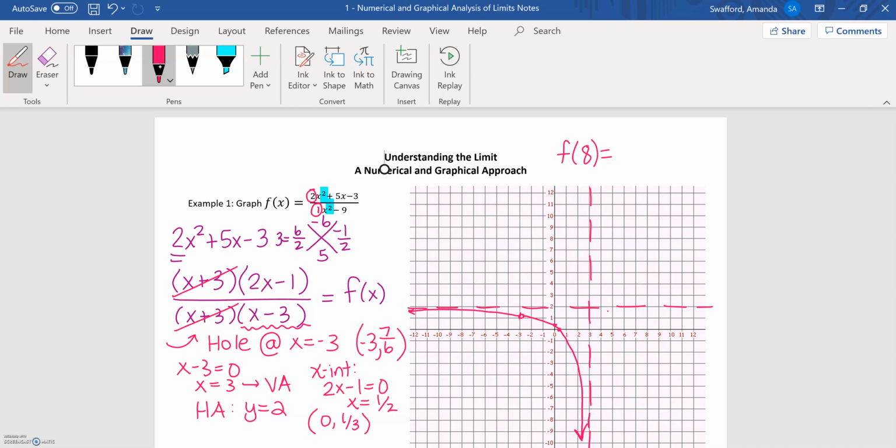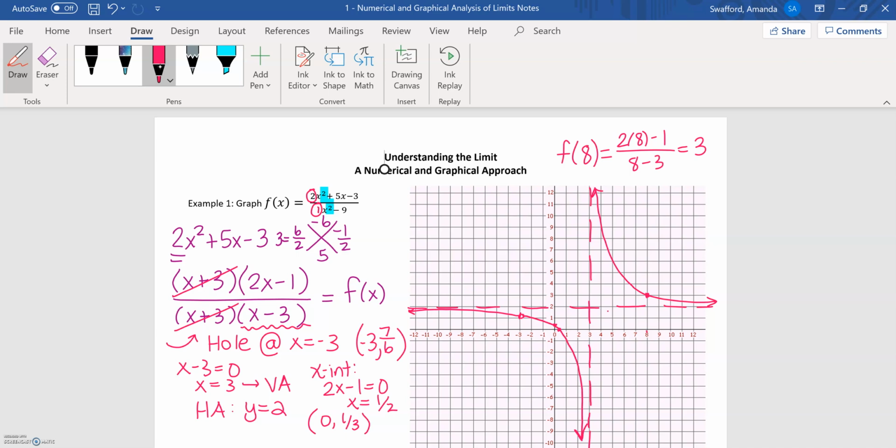I'm going to plug 8 into my reduced function: 2 times 8 minus 1 over 8 minus 3. So that's going to be 15 over 5, which is 3. So when x is 8, y is 3, and that just gives me an idea of where the rest of the graph falls. So it's going to look something like this.